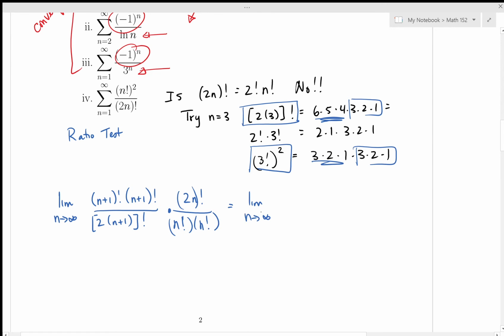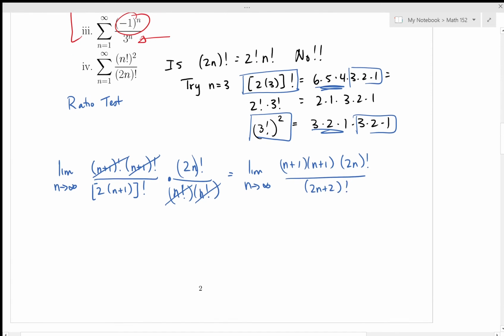And then it's a matter of working well with the factorials. In the numerator I'm left with (n+1), (n+1). And then I've still got 2n factorial, and in the denominator I've got (2n+2) factorial.